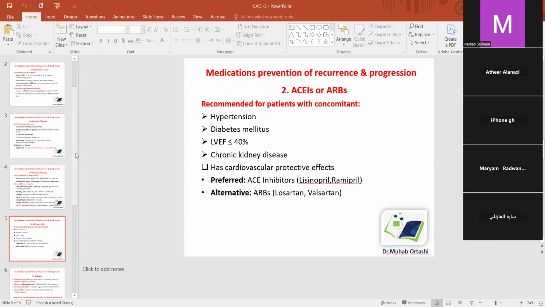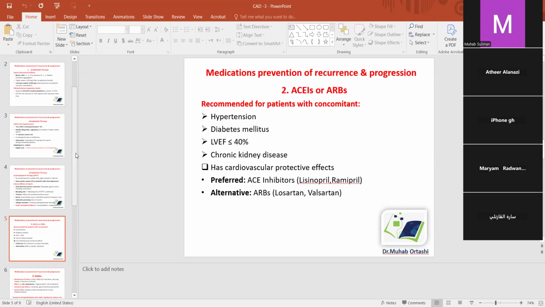تمام? If there is no question, we will continue and go to ACE inhibitors and ARBs. In ACE inhibitors and ARBs, we recommend to use them if there is stable ischemic heart disease with other concomitant disease. يعني بنستخدم ال ACE inhibitors when there is stable angina with hypertension, diabetes, or heart failure with reduced ejection fraction, يكون less than 40, or chronic kidney disease.